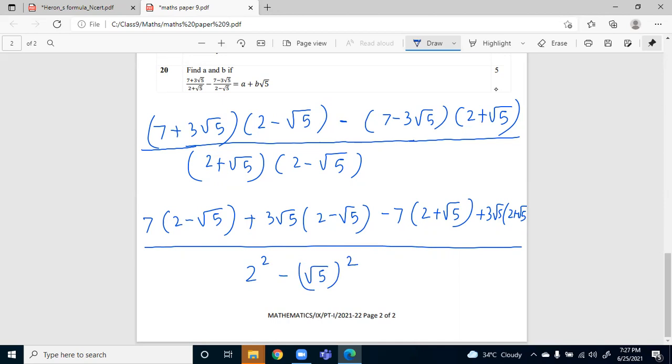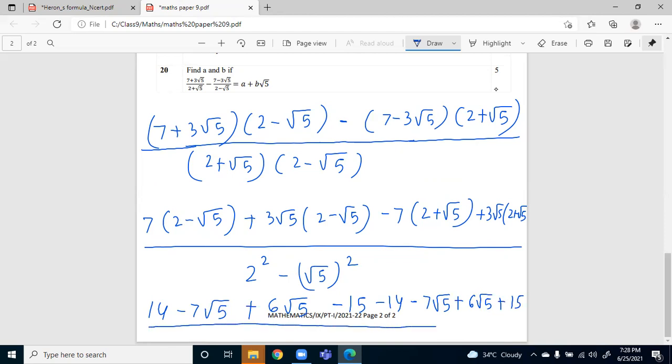So when you open this, 7 into 2 is 14, minus 7 root 5, plus 3 root 5 into 2 is 6 root 5, minus root 5 into root 5 is 5, so 3 into 5 is minus 15. And opening the other, minus 7 into 2 is minus 14, minus 7 root 5, plus 6 root 5, plus 15. And the denominator is 4 minus 5.